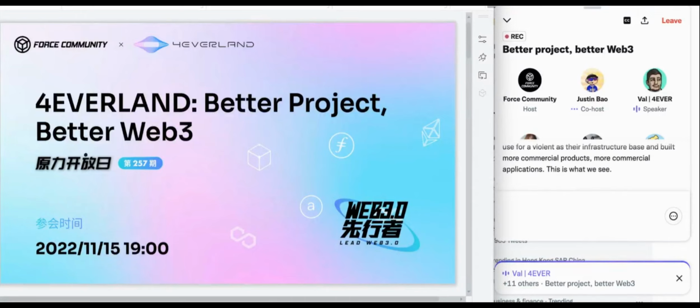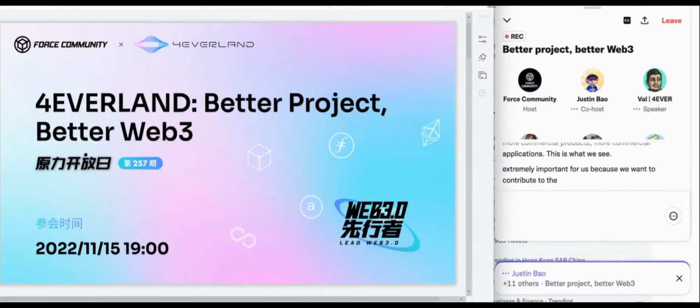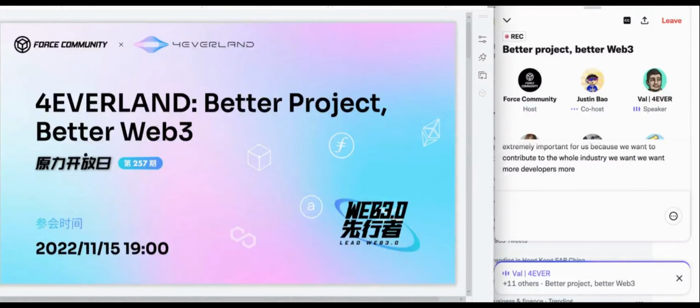This is what we see as extremely important, because we want to contribute to the whole industry. We want more development teams to earn their own money, using 4EVERLAND as a tool for that.